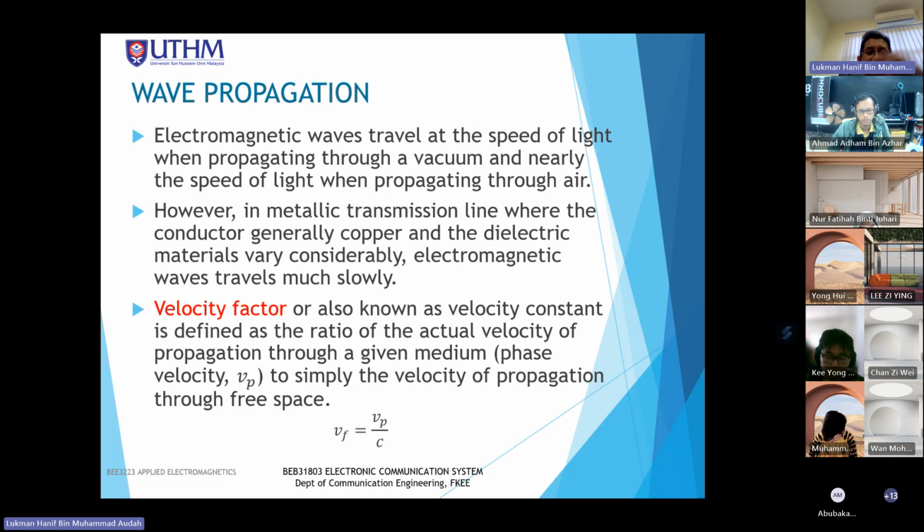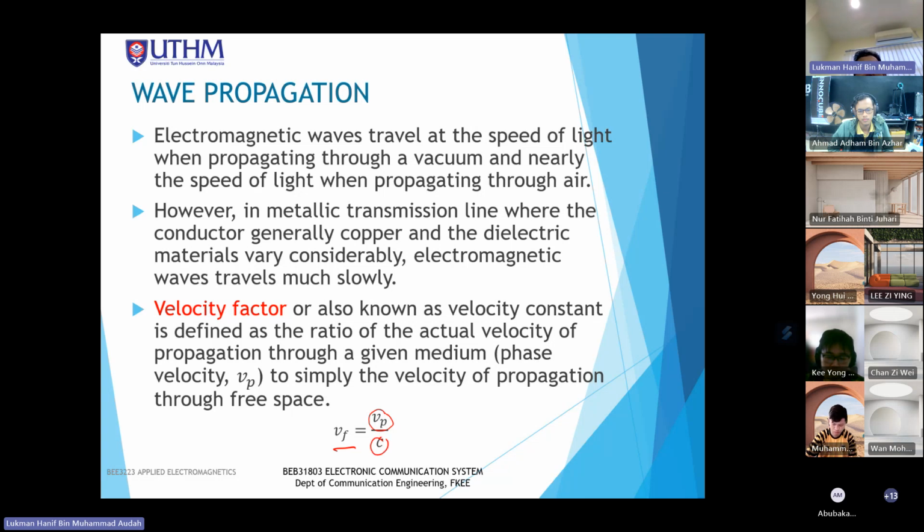Velocity factor is equal to Vp, the phase velocity, divided by the speed of light. Vp is the actual speed of the wave that travels through the medium. C is the speed of light.